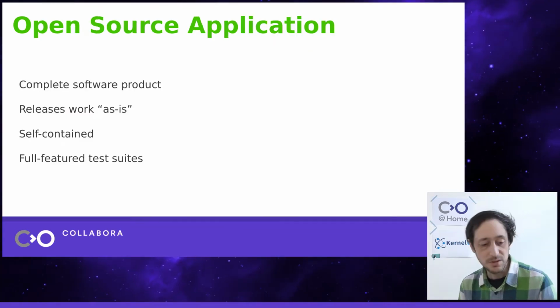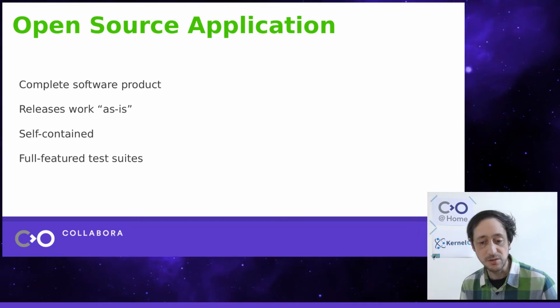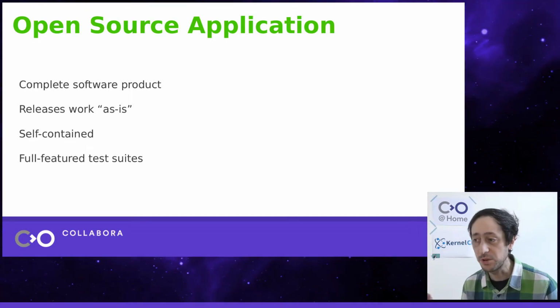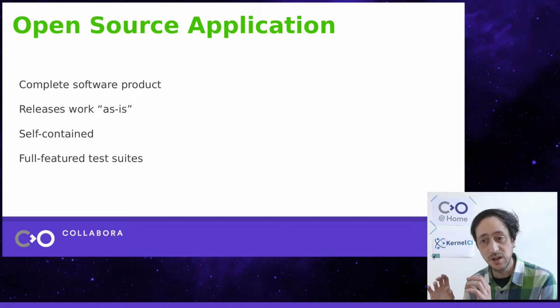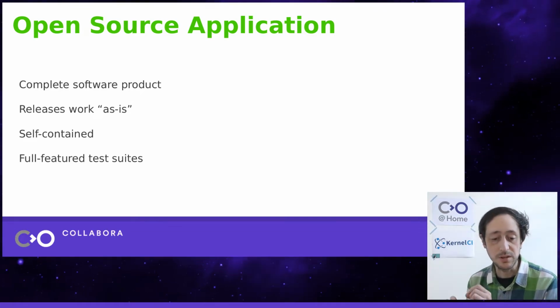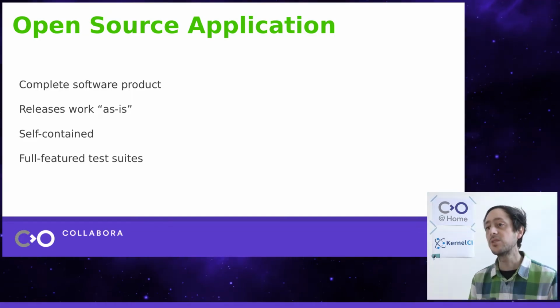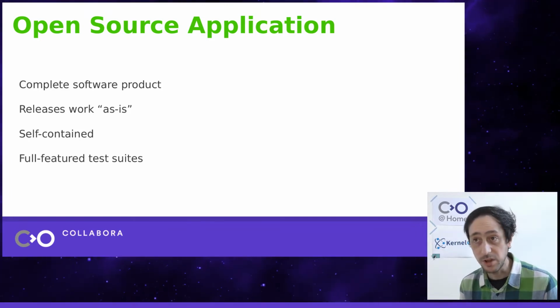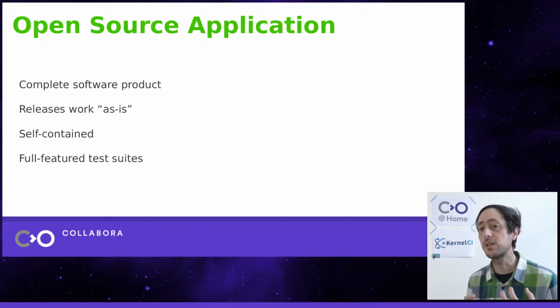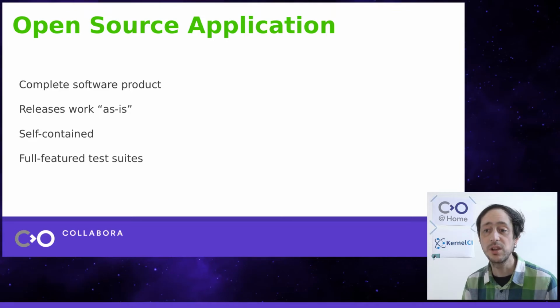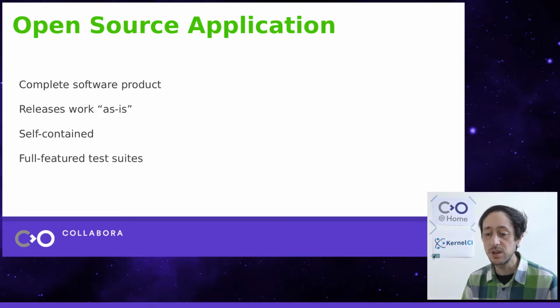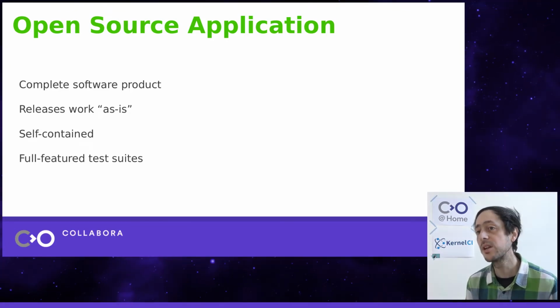So I'd like to distinguish open source projects in 2 categories. This is a bit arbitrary, but I think it makes sense in terms of this talk about testing. So first you have open source applications. They are like a complete software product. They're used directly by users.